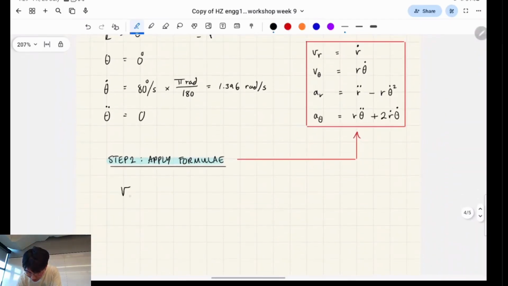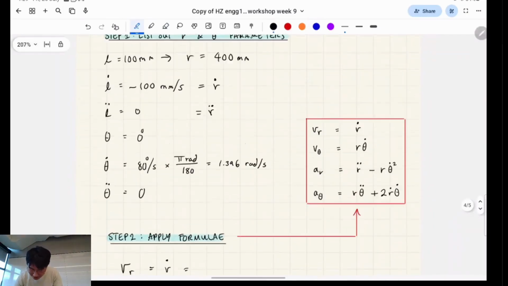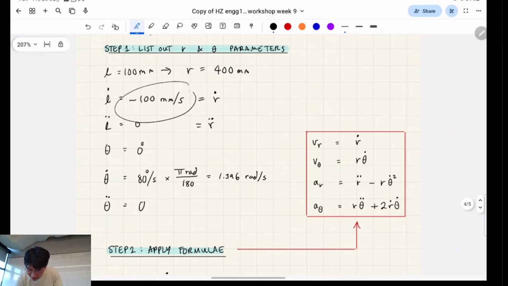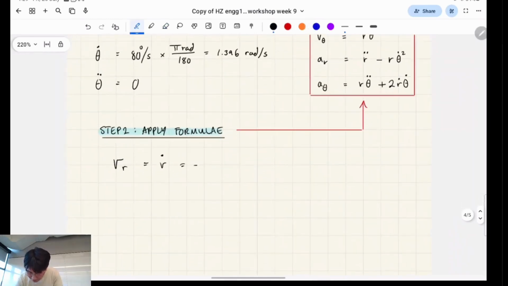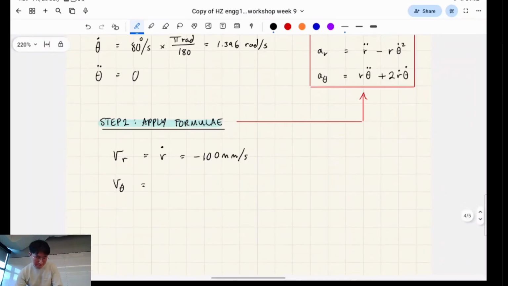So V_R is R dot, right? And we've established that R dot is negative 100 mm per second. And then V_theta, which is the velocity in the theta direction, is R theta dot, based on the formula.